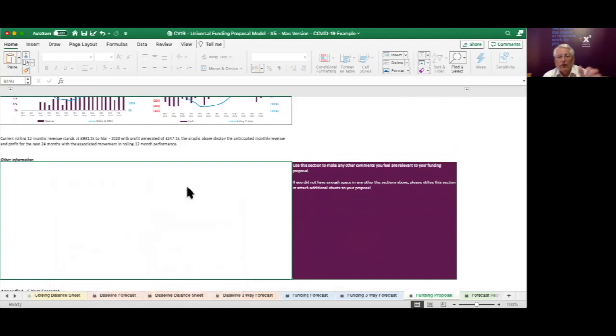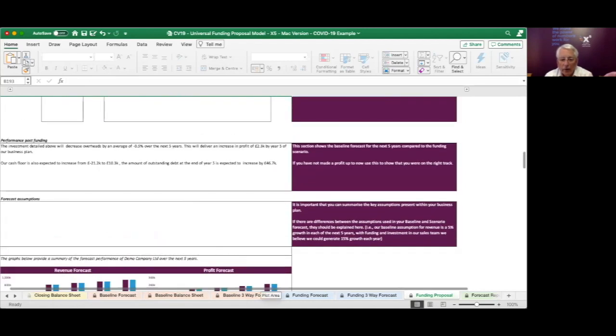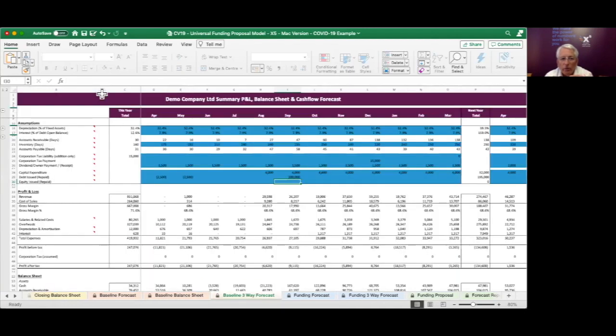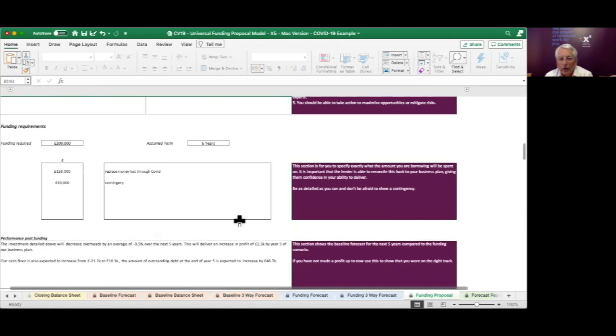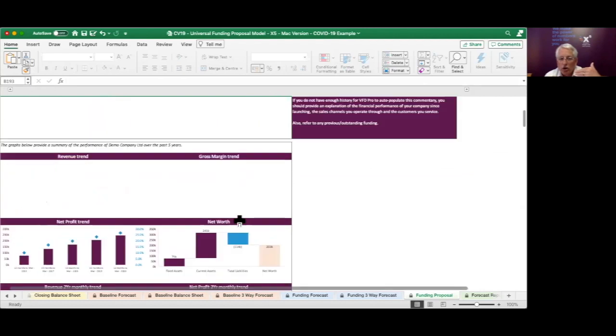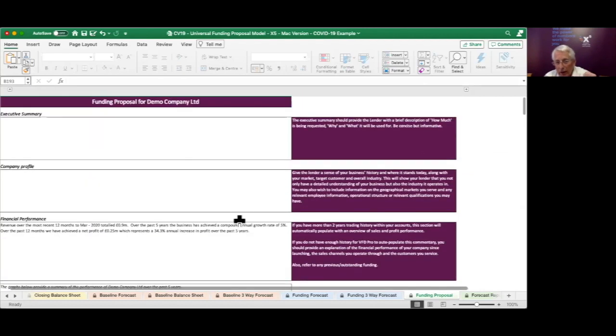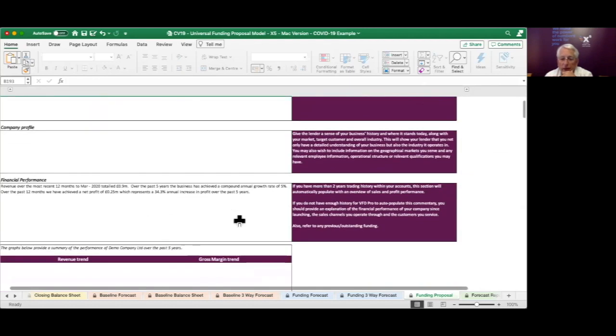So what you would normally have when you're getting to this baseline three-way forecast, you'd have a little button up here that will say press to produce the forecast. I've got it already set up, just to save time. This is how it will do, because you'll literally get it generated as a PDF, and it will allow you to enter that information and then print it as it is for the bank.